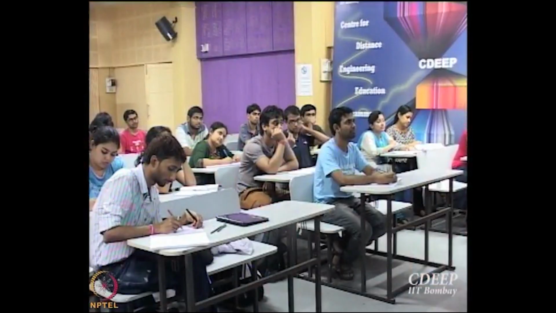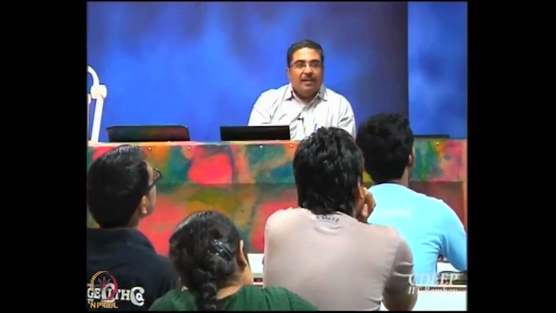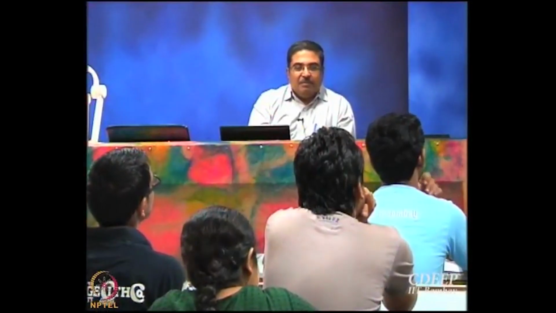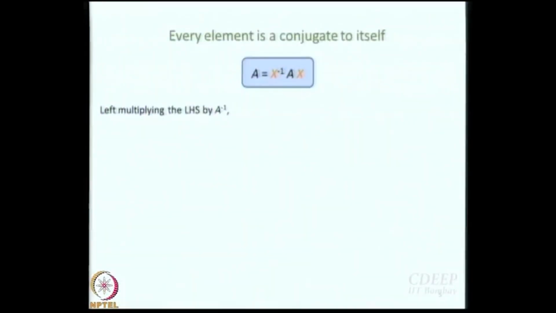So, left multiply by A inverse, what do you get? A inverse A is equal to A inverse x inverse A x. Now we need to work with the RHS, A inverse x inverse A x. A is there, x is there, their inverses are there. So, is A inverse x inverse the inverse of A x or not?